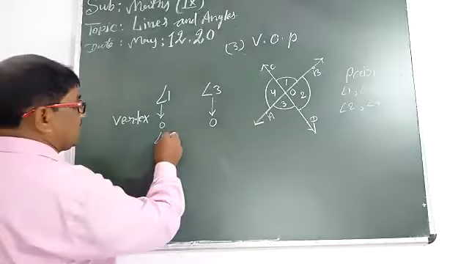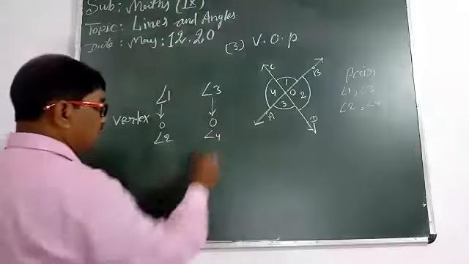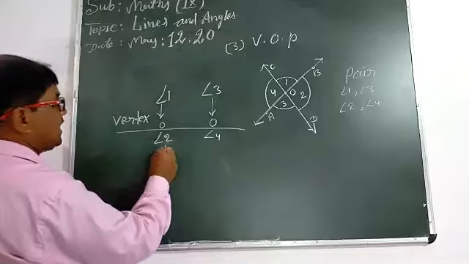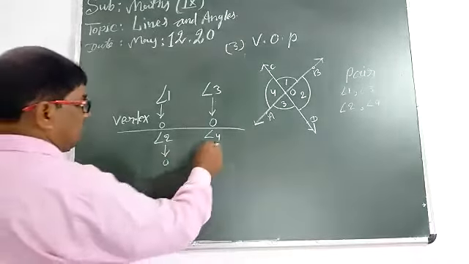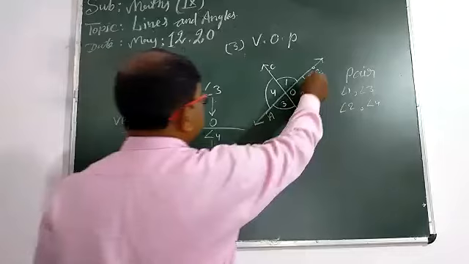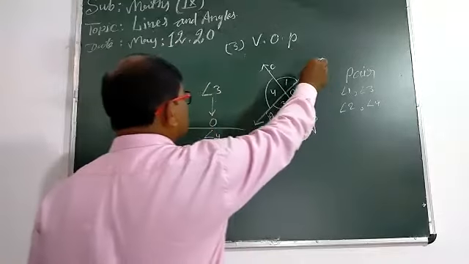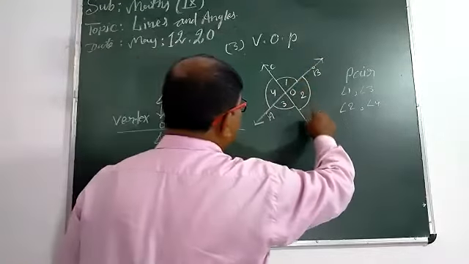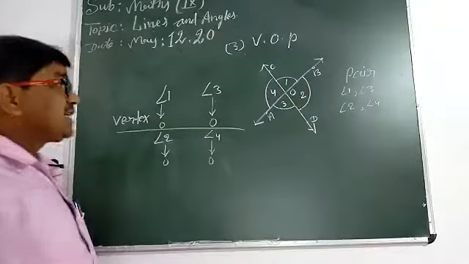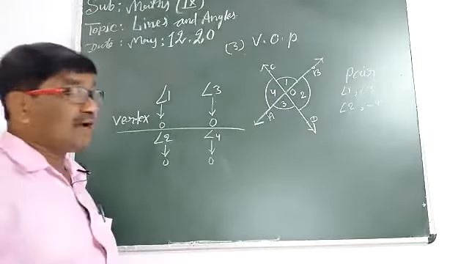Similarly, we should think about angle 2 and angle 4 also. Vertex of angle 2, I mean angle BOD, is O, and the vertex of angle 4 is also O. Vertex is the initial point of two rays in the angle.